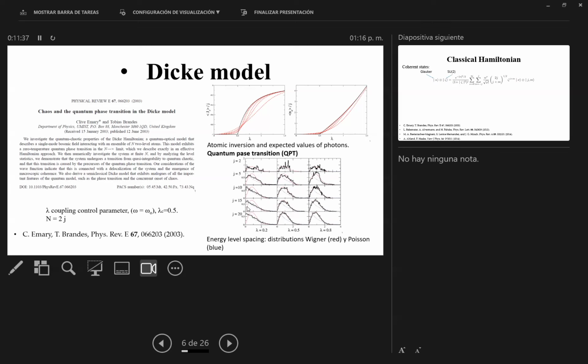As we can see, when we use a small control parameter, the distribution follows the Poisson distribution. And when we increase the control parameter, it is more like a Wigner, which means it is in a chaotic regime. And when we have this small coupling parameter, it is more like the Poisson, which means regular behavior.